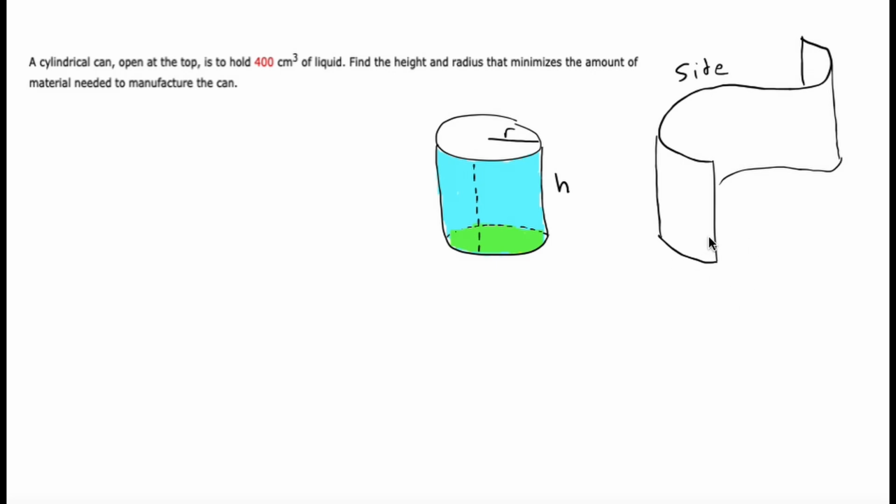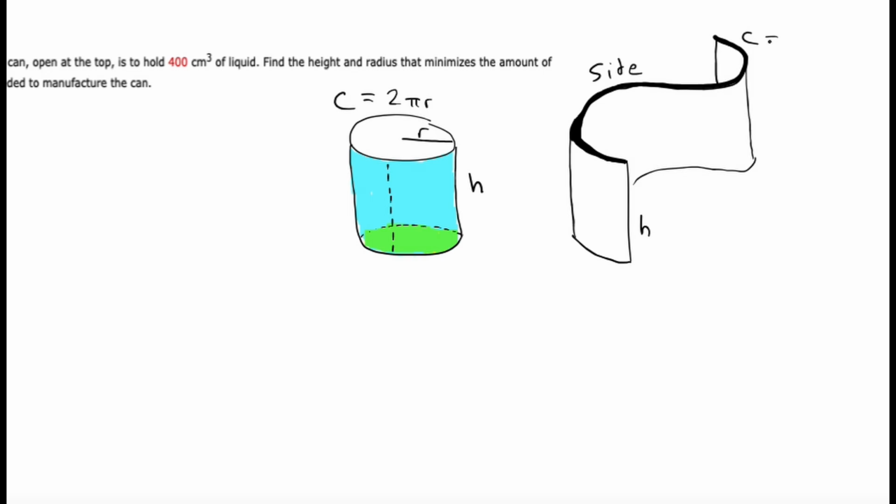That side of the can would have a height that's still h, but its length along its edge here, we could calculate what that is. It's going to be the circumference, and we know that the circumference of a circle has a formula of 2 pi r, so that is going to be the length of this shape.